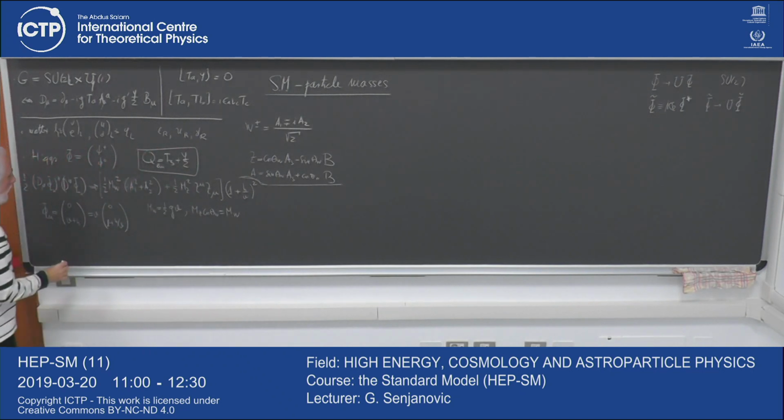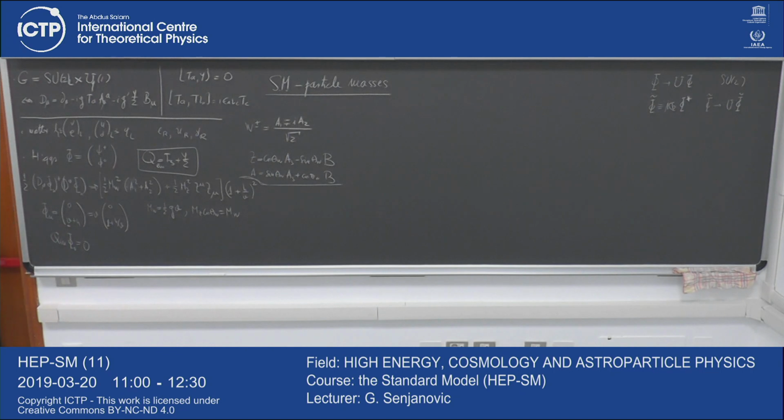What was crucial about this convention is that Q electromagnetic acting on phi 0 is 0, or acting on phi. They are in the same direction. This is telling me that both the vacuum expectation value and the Higgs field are neutral.